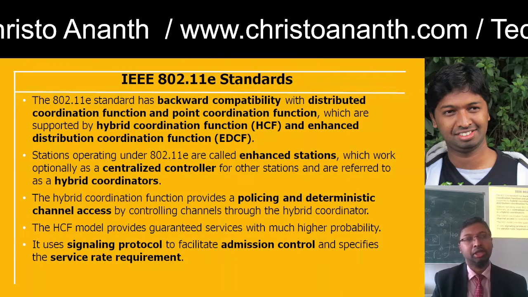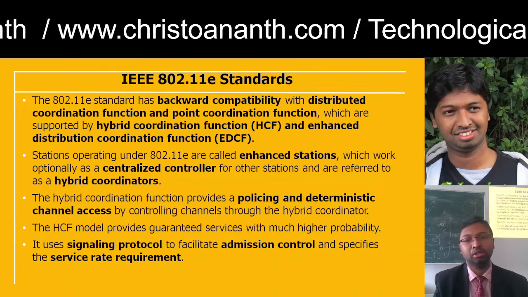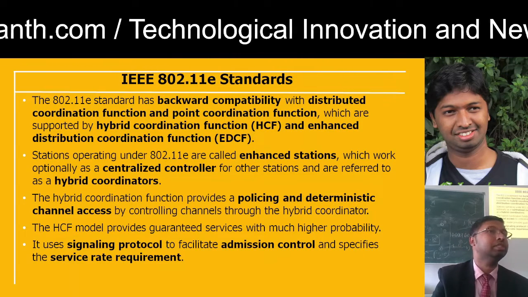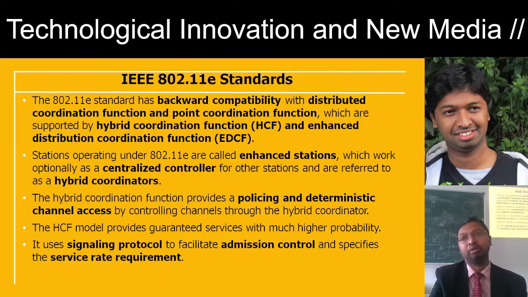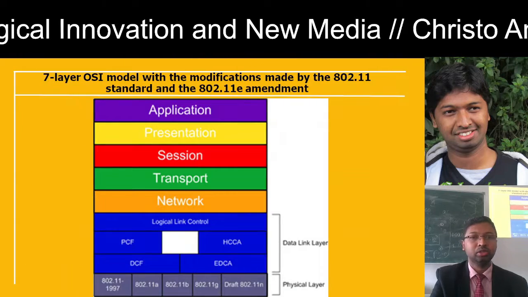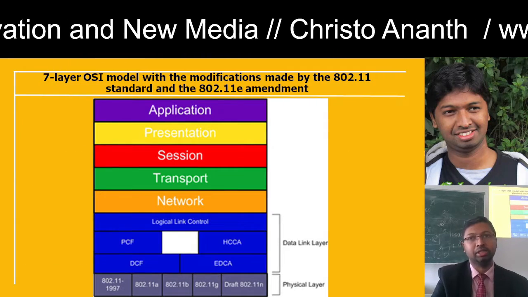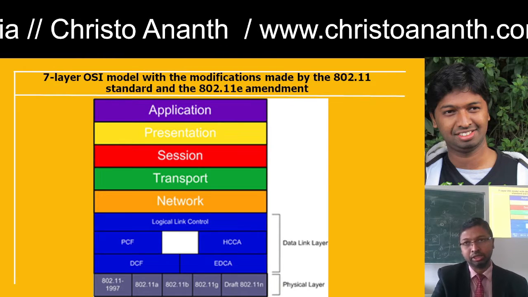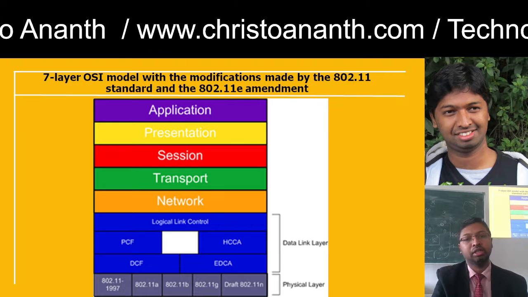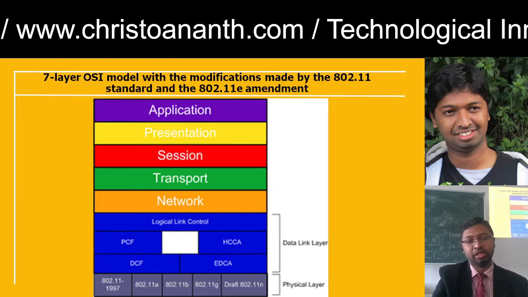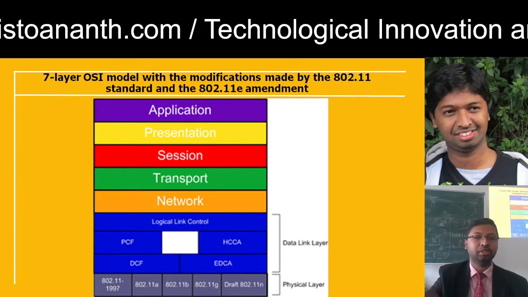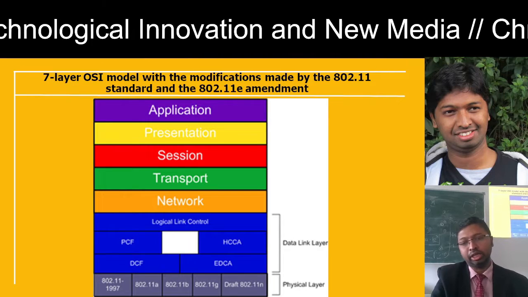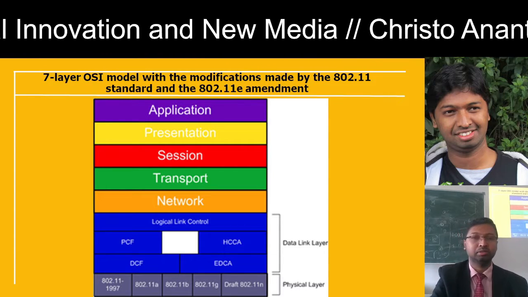It will use a signaling protocol for admission control and specifies the service rate requirement. So these are the layers: network layer, transport layer, session layer, presentation layer, application layer. We'll have the DCF and PCF corresponding to the data link layer, and in the physical layer you'll have the versions 802.11 A, B, G, and N.